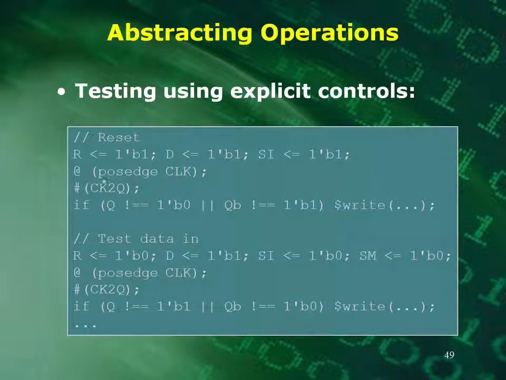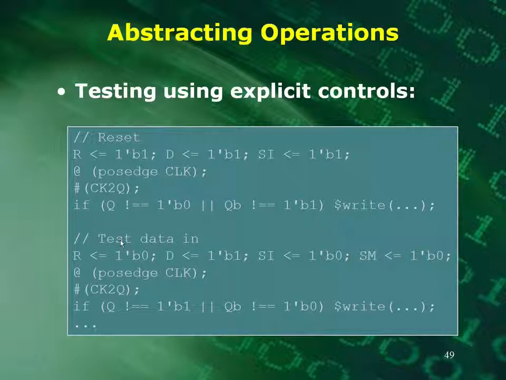So here I've just said delay this clock to Q output time. And then I test to see is Q going to be defined as 0 and Q bar as 1, because we're doing a reset. Okay, so it shouldn't follow this D at all or this SI. The Q should go to 0, not the D. So if this isn't true, then I'm going to write out some error.